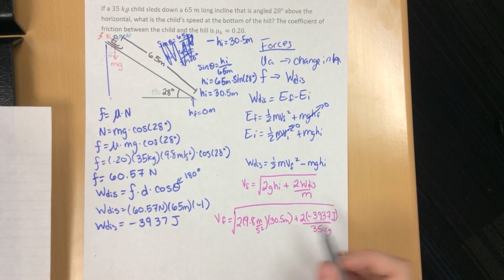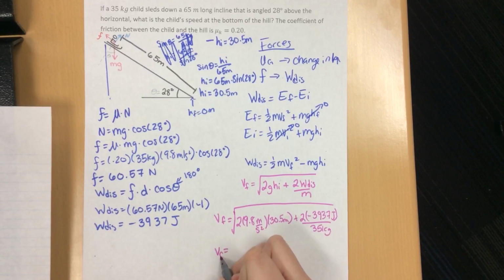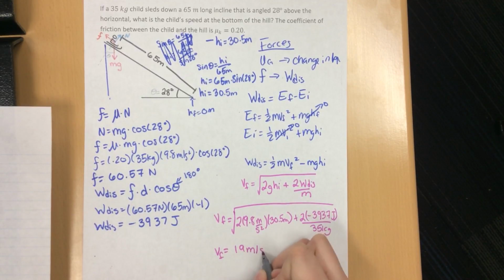As a result, when I plug all that into my calculator, I do get a final velocity of 19 meters per second.